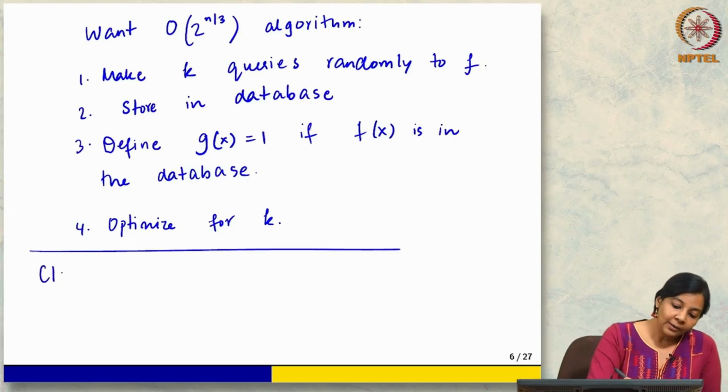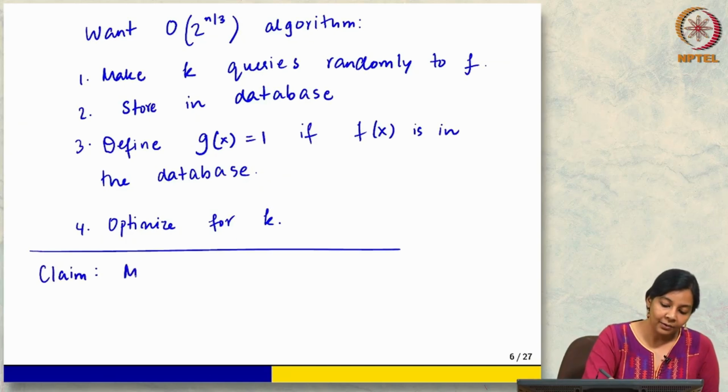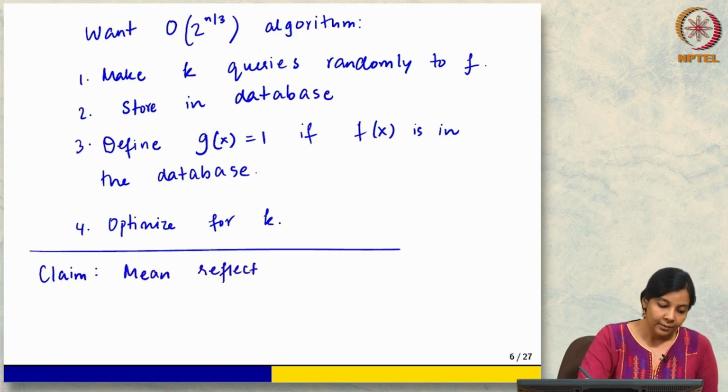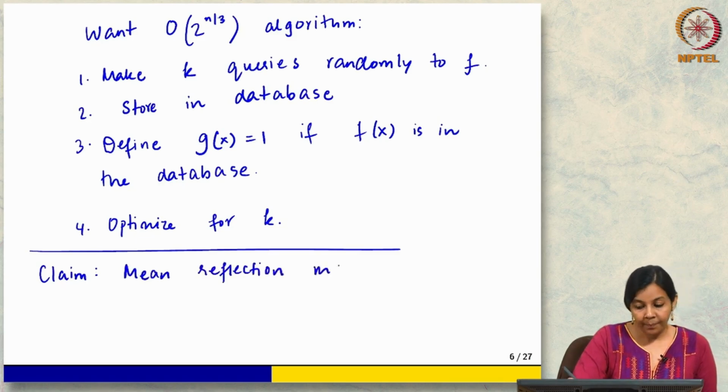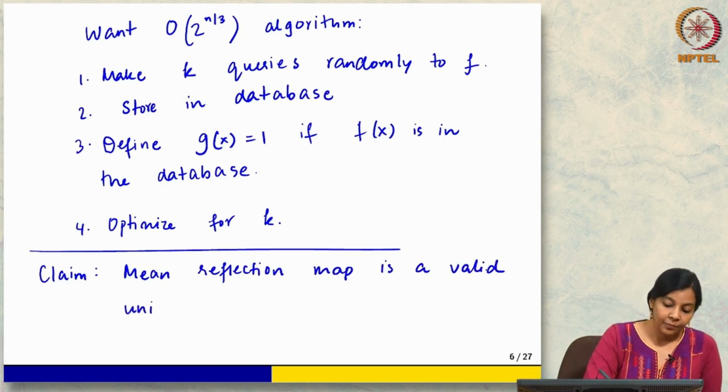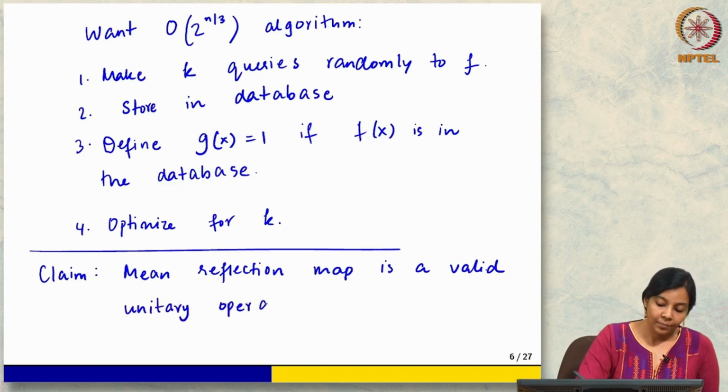So, an important thing which I have to show you is that this mean reflection map that we saw is a valid unitary operation. Right.